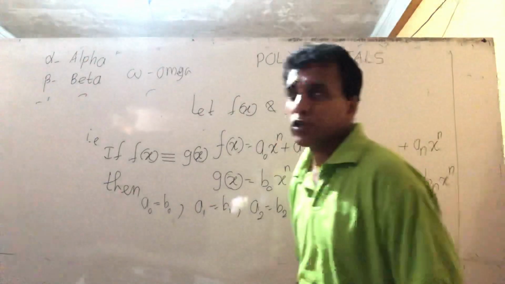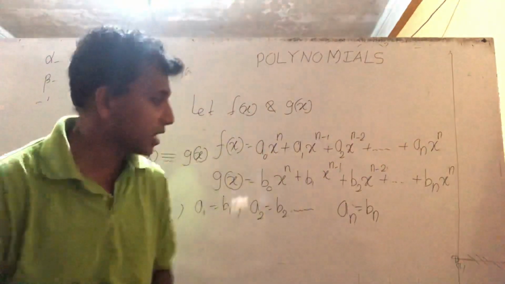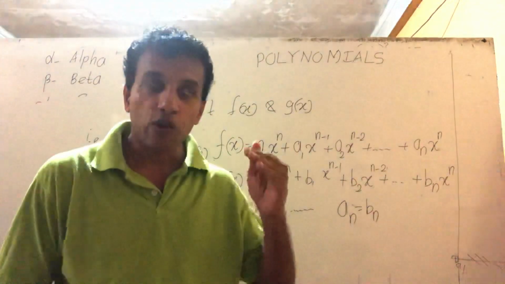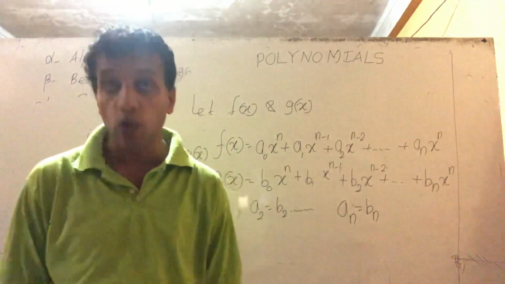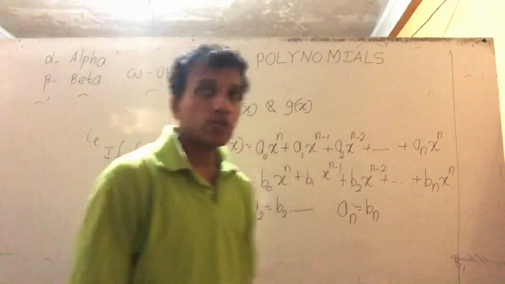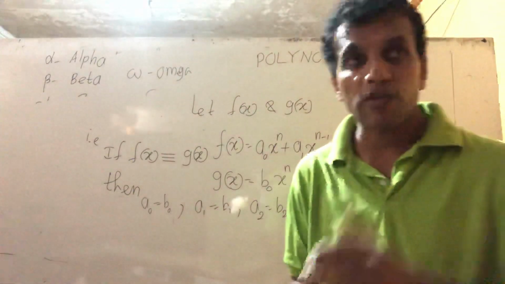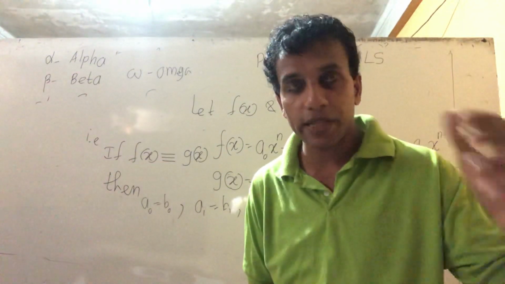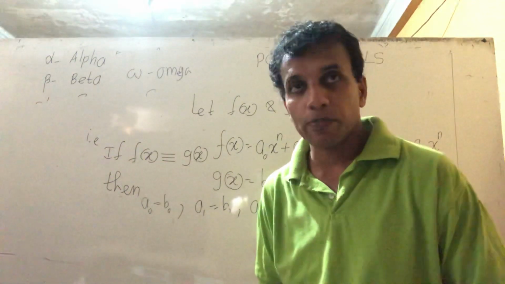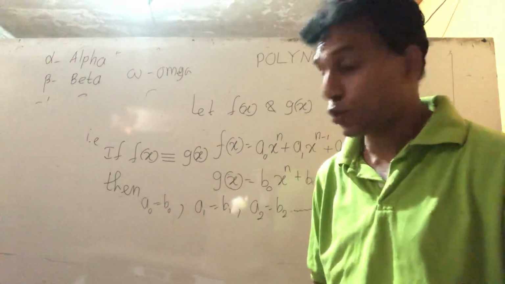This is the main part we use: when two polynomials are identical, their corresponding coefficients are equal. Okay. So some questions that we work on in this type of identical polynomials are among the exam problems for your first term in school, for grade 12.